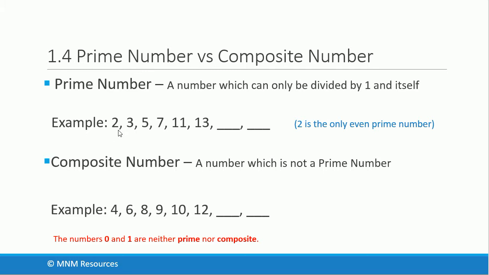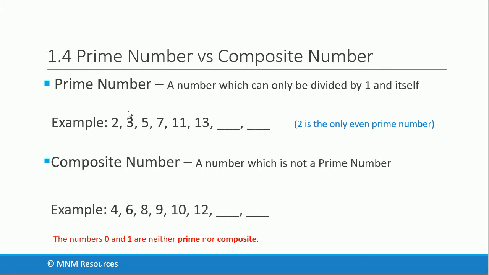Another rule that you need to remember is that 2 is the only even prime number. We know that all even numbers can be divided by 2, which then makes all other even numbers not prime numbers. So all other even numbers except for 2 are, in fact, composite numbers.